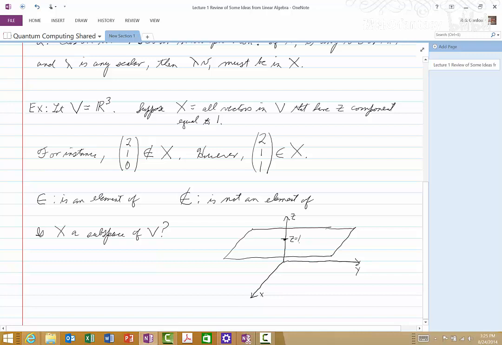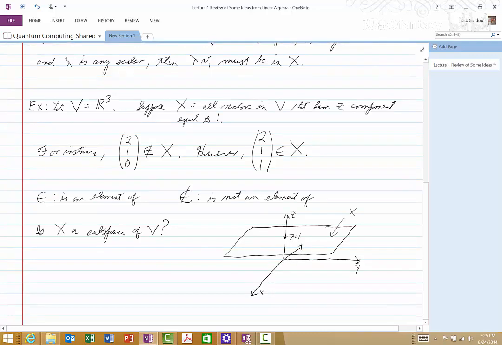That would be the plane that we're talking about with X. In other words, we're thinking about all the vectors that are based at the origin, and their tips would come right to this plane. If we considered all those vectors and all their tips, we would get this plane Z equals 1. So that's a way of visualizing X. But again, I want to emphasize this is not really necessary to answer this question. You just look at the two properties.